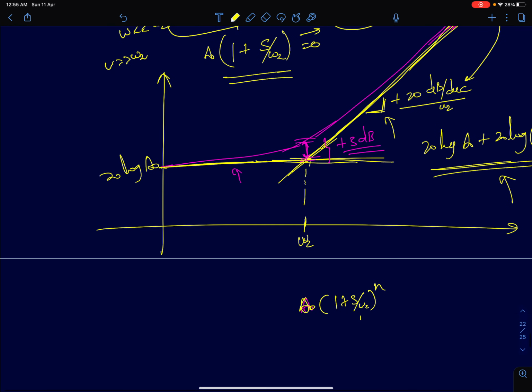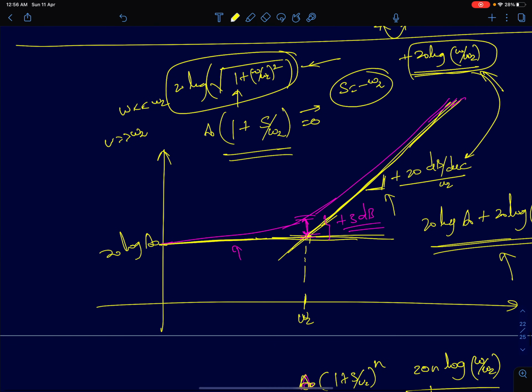At very high frequencies, you will have 20n log of omega by omega z. So the slope will be much larger. So it will increase at a much larger slope as shown here. So the slope will be plus 20n decibels per decade. So you change the frequency by 1 decade, the amplitude will increase by 20n decibels.